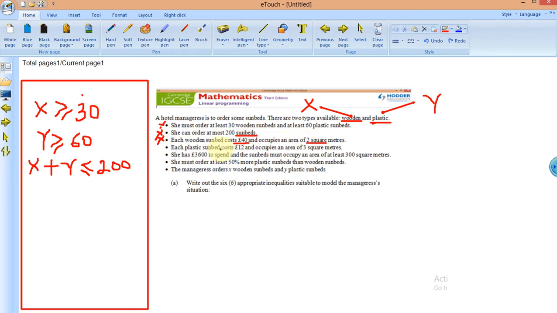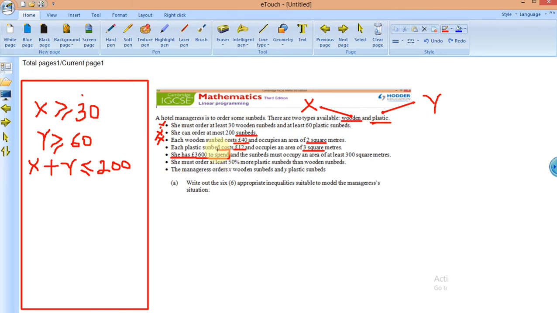Each plastic sunbed costs 12 pounds and occupies an area of 3 square meters. So this has to do with y, something like 3y and 12y. Now this is everything about that. She has 3,600 pounds to spend, and let's work with this now.